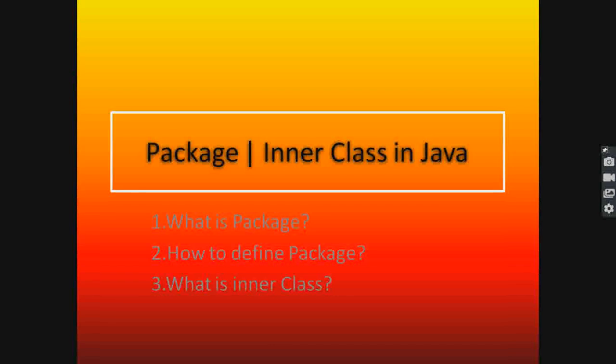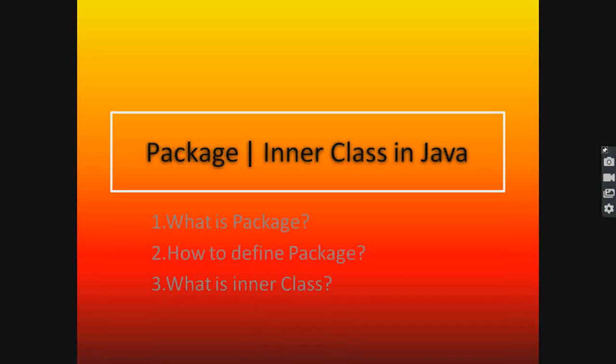If it is a non-static class, we say non-static nested class. The other name of non-static nested class is inner class. I believe you got it. One more thing: the inner class has complete access to its enclosing class, whereas the enclosing class, the outer class, doesn't have access to the inner class data members and method members.